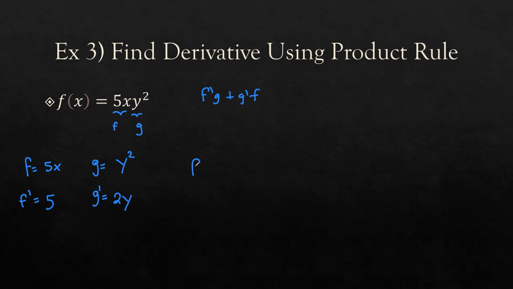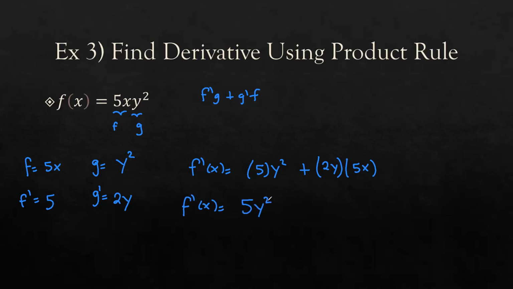So your final answer would be f prime of x equals f prime, which is 5, times g, which is y squared, plus g prime, 2y, times regular f, which is 5x. So this is going to be 5y squared plus 2y times 5x, which is 10xy.